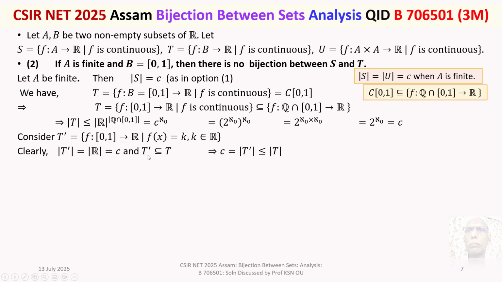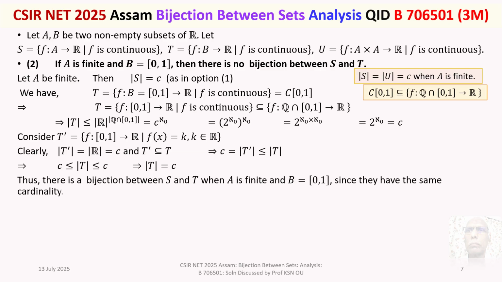Now, we have T prime contained in T. Therefore, the cardinality of T prime is less than or equal to the cardinality of T. Therefore, C is less than or equal to the cardinality of T. But we have seen the cardinality of T is less than or equal to C. Combining these two, the cardinality of T is equal to C. Thus, S and T have the same cardinality C. Therefore, there is a bijection between them, when A is finite and B is the closed interval 0 to 1.